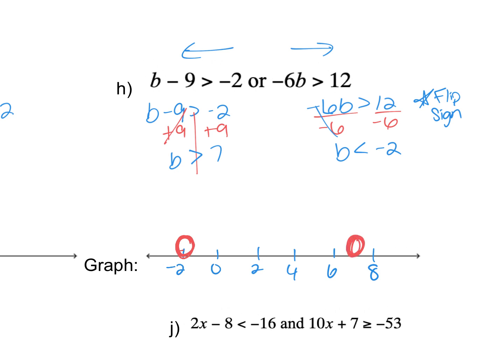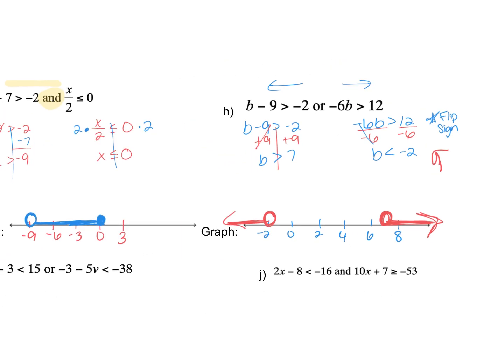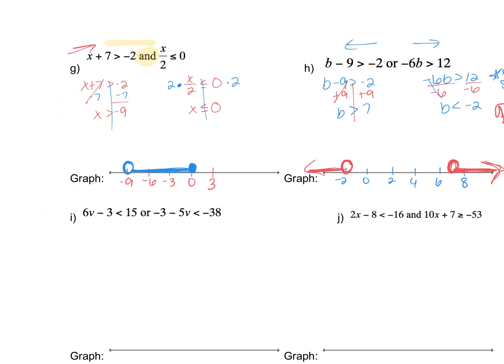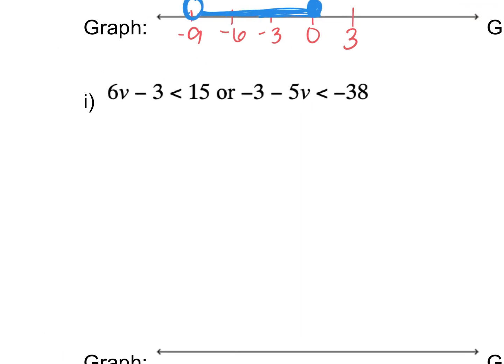All right. b is greater than 7, so it's going in this direction. And then less than -2, so it's going this direction. So do you see how if you had not flipped your sign right here, it would have given you the wrong answer? Because it would have. All right, we've got 2 more to go. I'm sorry this video is extra long, but it's good for you.